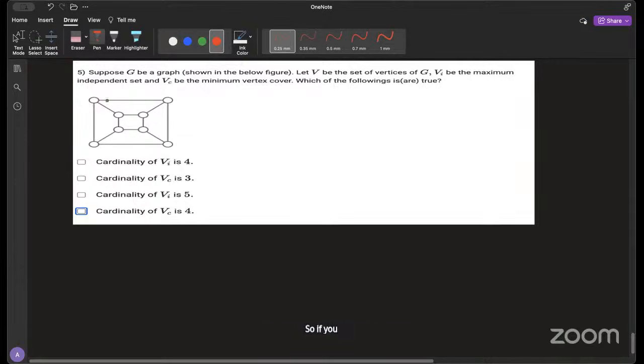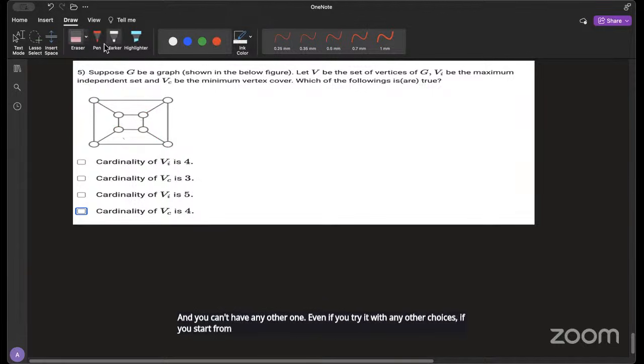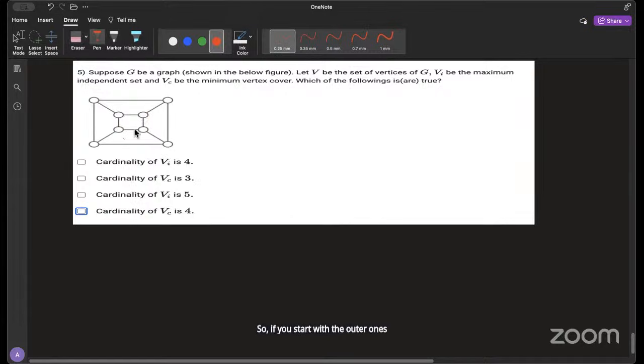So if you start from this one, and then you can take this one, then this one, and then this one, right? So it's 4. And you can't have any other one. Even if you try other choices, if you start with the outer ones, you're going to get the same 4. If you start with the inner one, it's also the same.